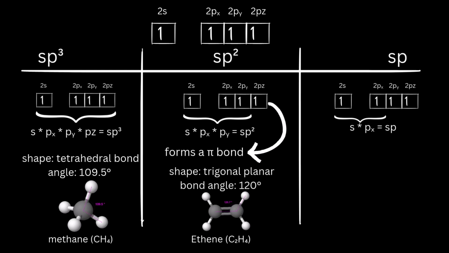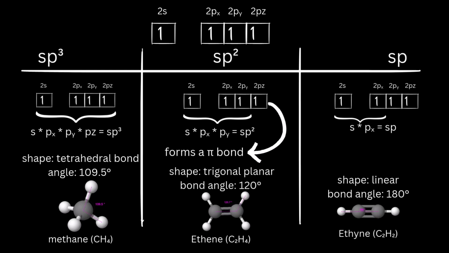The resulting sp orbitals are degenerate and align linearly, creating a bond angle of 180 degrees. And this kind of hybridization is seen in ethyne, where each carbon atom uses one of the sp orbitals to form a sigma bond and the two unhybridized p orbitals to form two pi bonds, resulting in a triple bond.